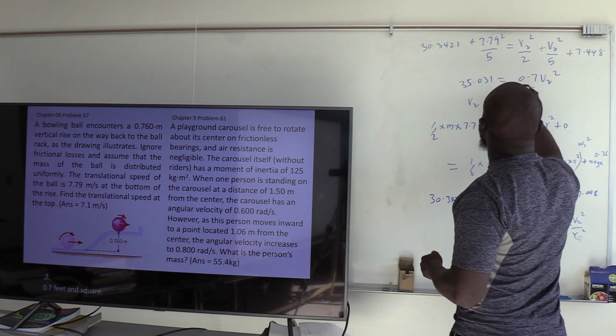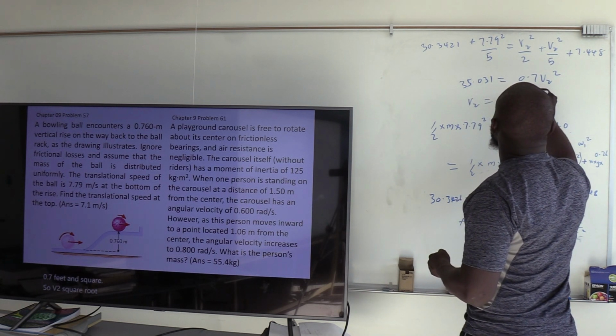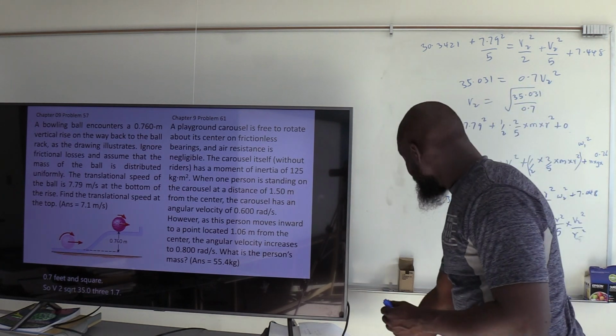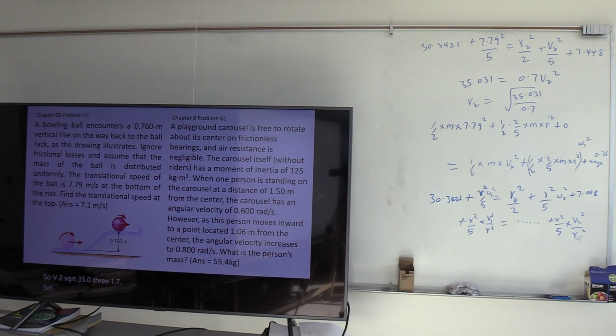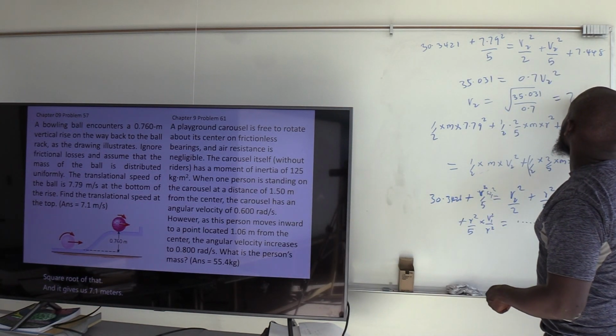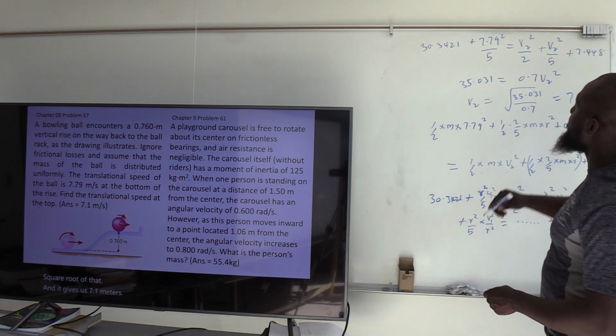So V2 is the square root of 35.031 over 0.7. Square root of that gives us 7.1 meters per second. Exactly what we have there.